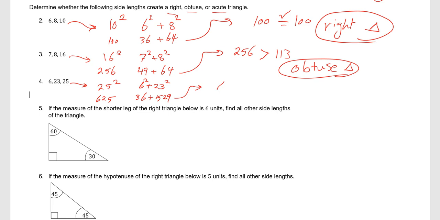So 625, and then 36 plus 529 is 565. So since c squared is greater than the sum of the other two sides, this is also an obtuse triangle.